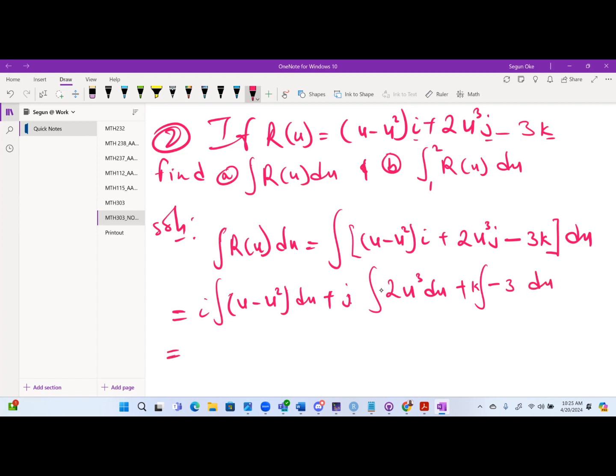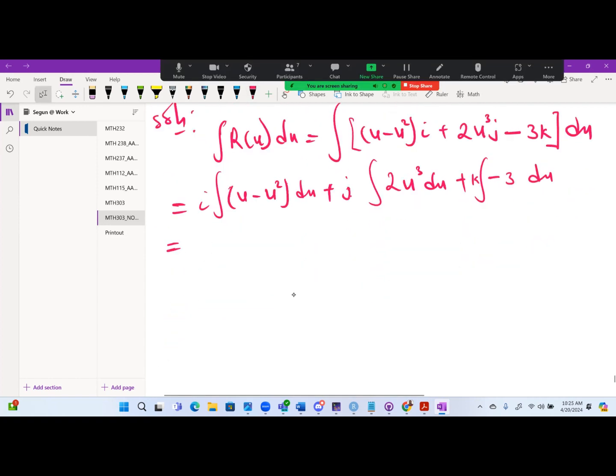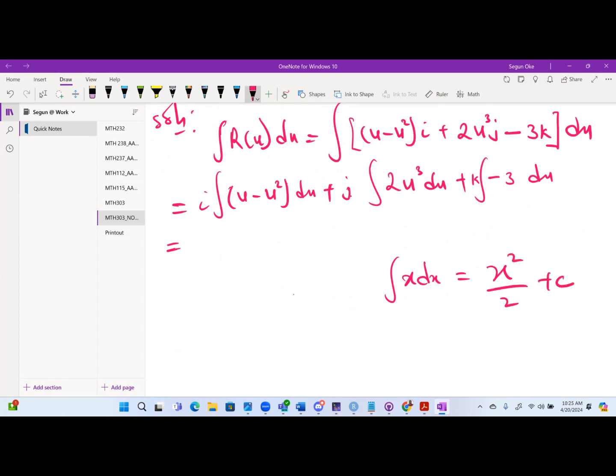So if you integrate this one, what do you have? We all remember that when you integrate x, the integral of x dx, I'm giving an example, it's going to be x squared over 2 plus c. So if I'm integrating u now, what do I have? U squared over 2 minus u raised to power 3 over 3. Let's say plus C1, the first constant.